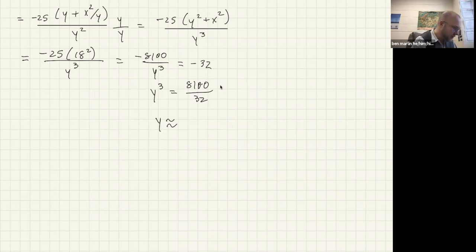And the y value that I'm getting is 6.326 and so on. Okay. So what that says is that when the top of the ladder is 6 feet from the ground, you actually end up having it come away from the ground.